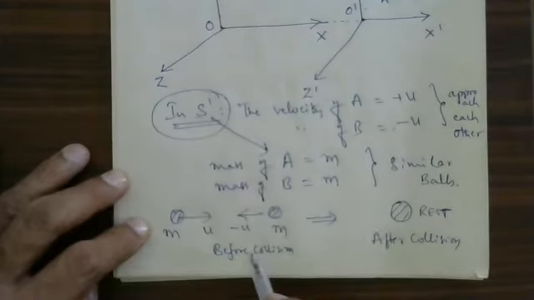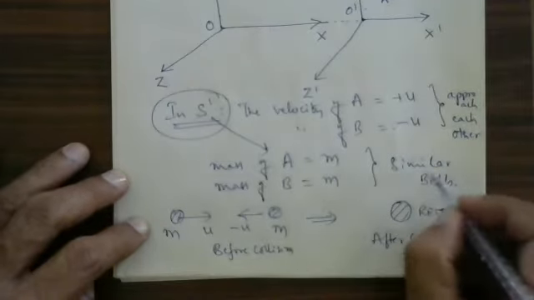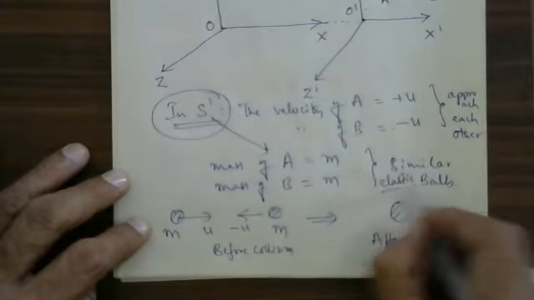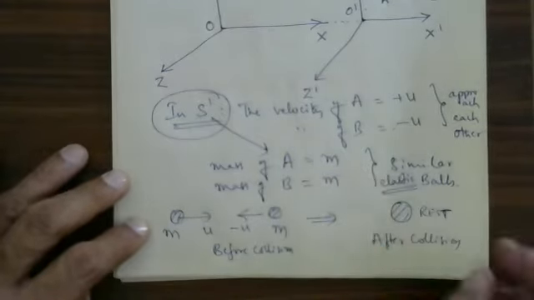Because the total momentum before collision and the total momentum after collision must be one and the same, because we have considered two similar elastic balls. It is an elastic collision. Therefore, I can consider the total momentum remains the same.